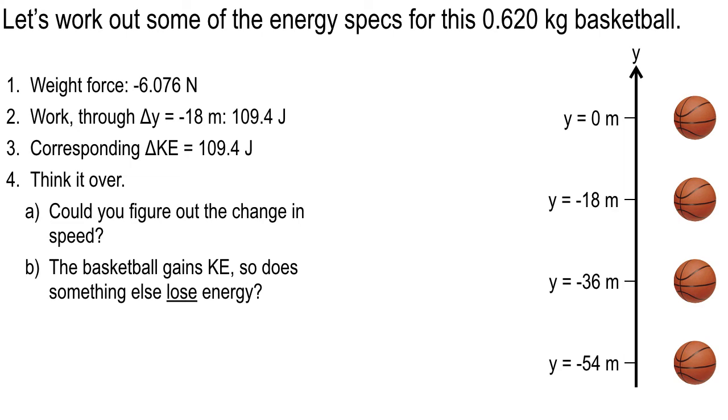So there's a gain of kinetic energy. Is it possible to figure out the speed at that elevation? Yes, no, or maybe? What do you think? Could you do it?